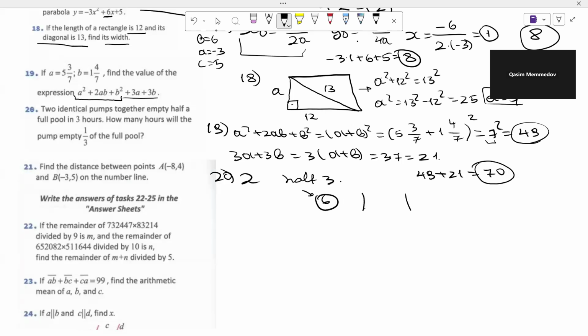Because, for example, we have one pool. If the half empties in 3 hours, the other half must also empty in 3 hours. That's why two pumps must empty it in 6 hours.